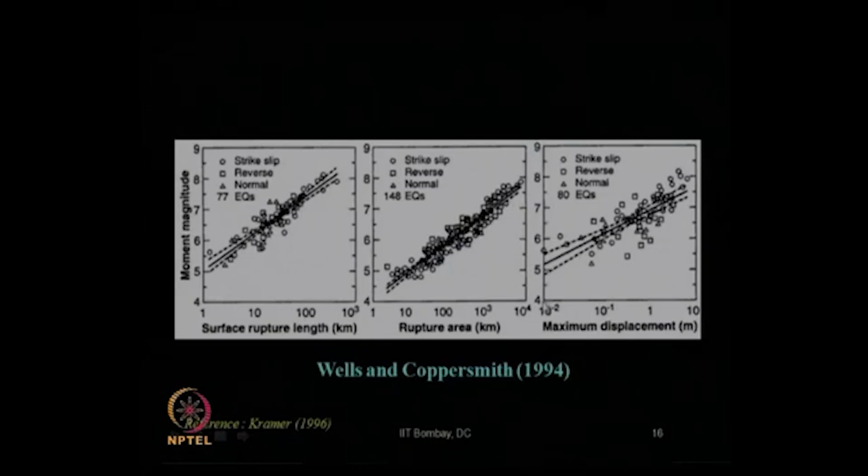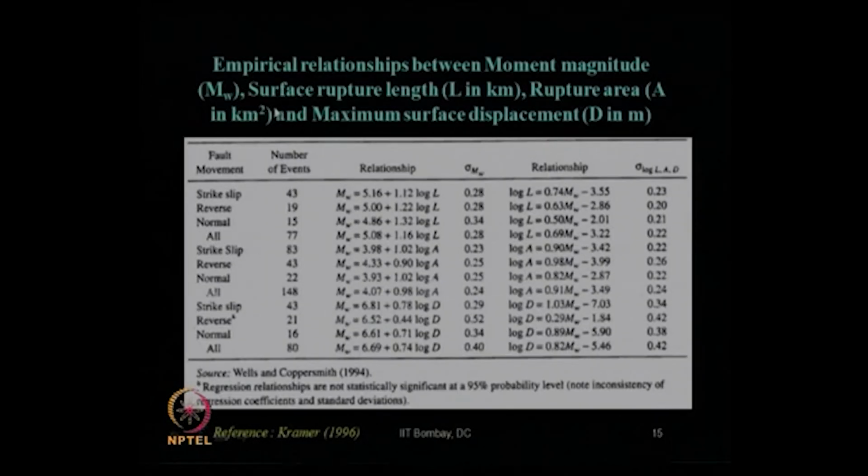Also moment magnitude versus maximum displacement of the fault, that is the maximum slip of the fault, in meter unit, for various strike slip, reverse and normal fault for 80 recorded earthquake points, and then using the regression relation they proposed the equation. Now, let us come back to this slide. These are the equations which were proposed by Wells and Coppersmith in 1994.